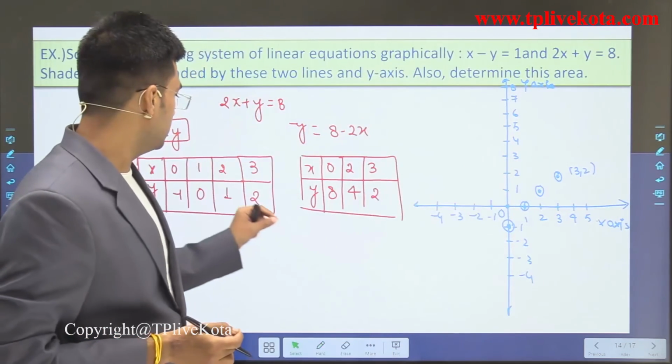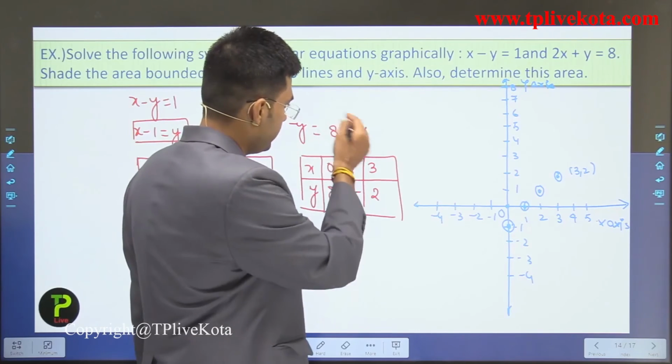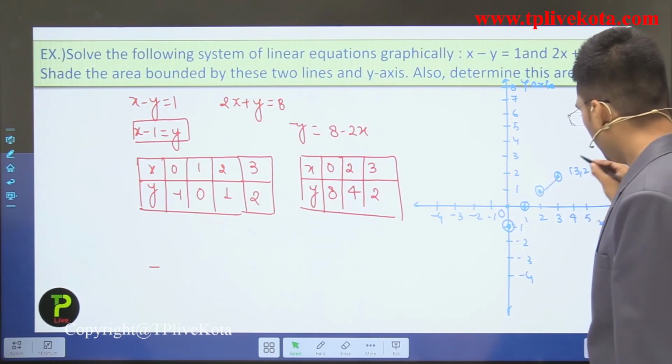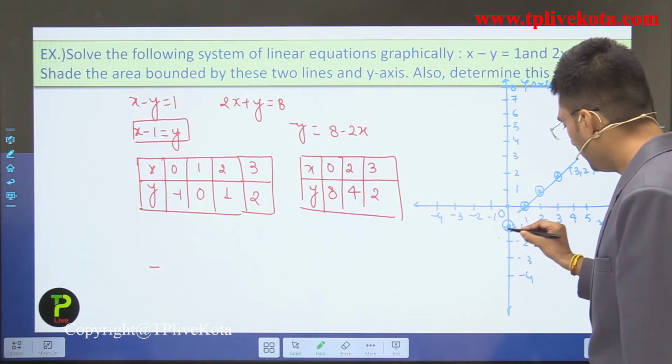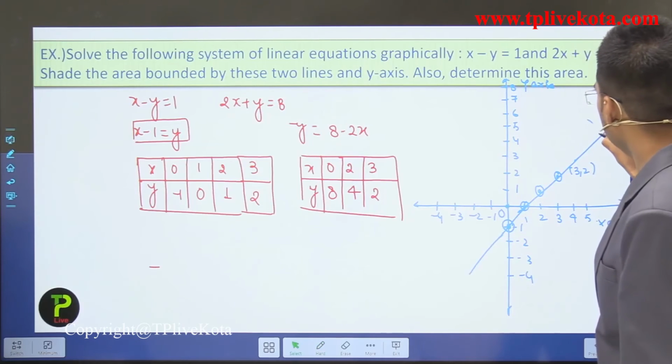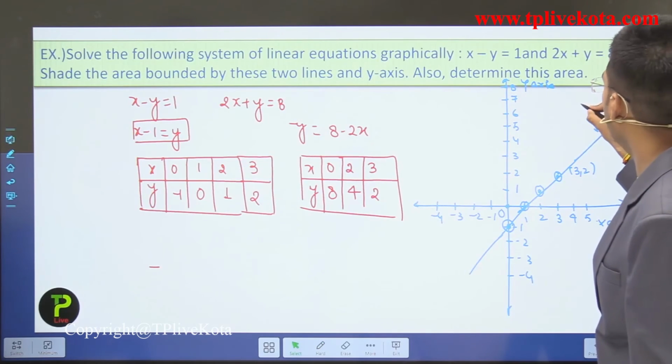Clear? Now the next is the second equation. So first of all let's join all these points. This is the graph of x minus y equals 1.